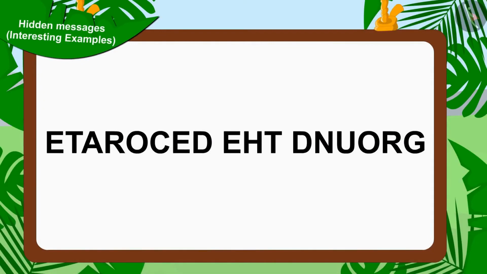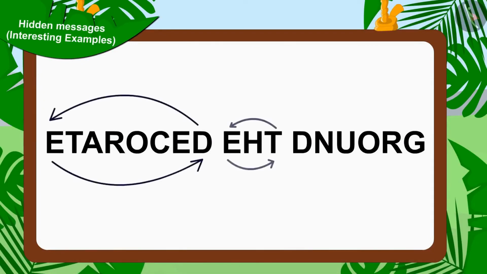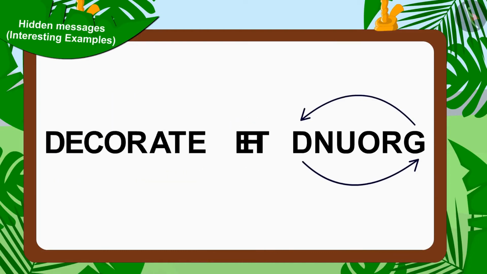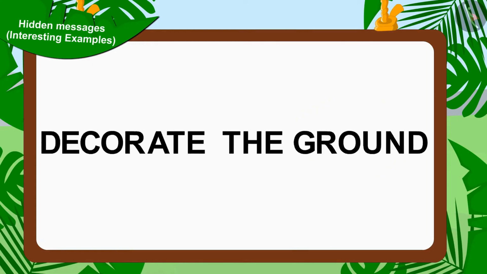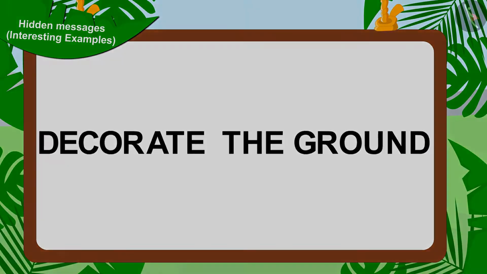Well done, kids! Your answer is absolutely correct. In this hidden message of Jeev, the alphabets of the words are written in the reverse order. Jeev's second hidden message is, "Decorate the ground."